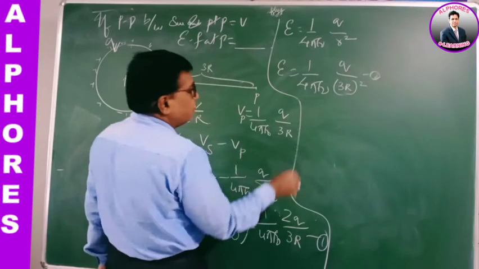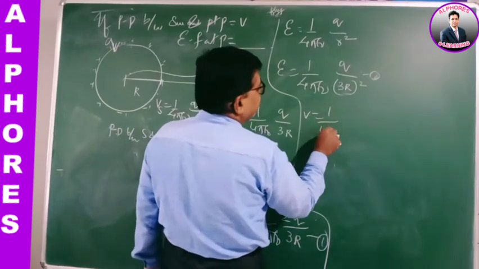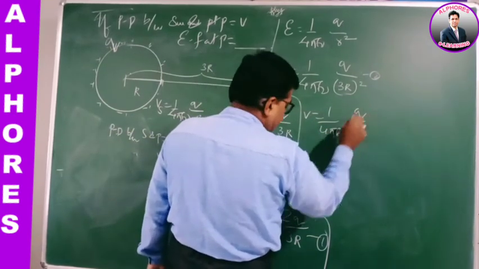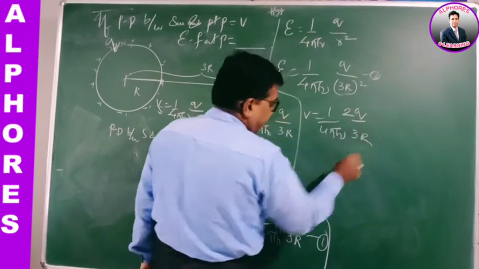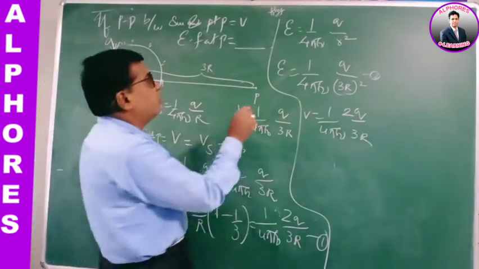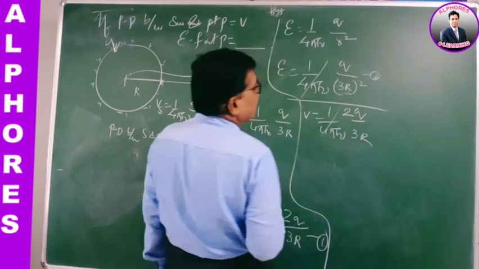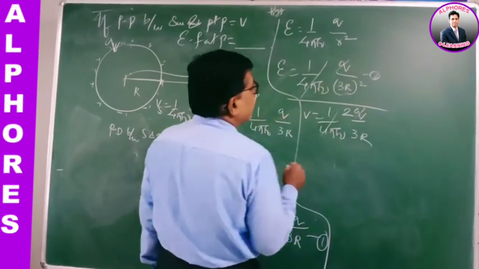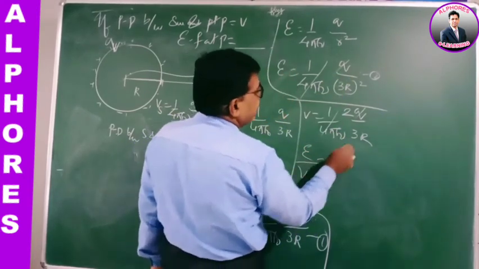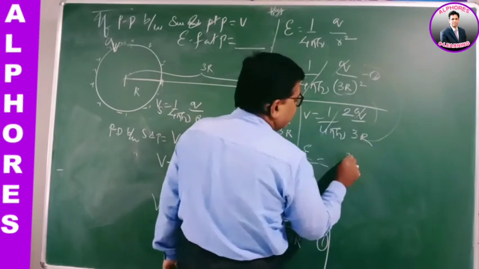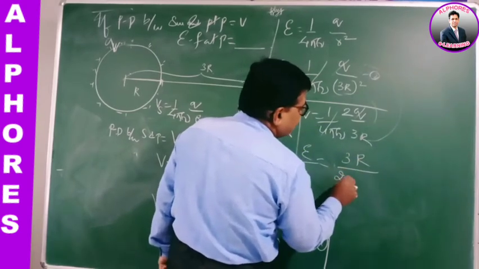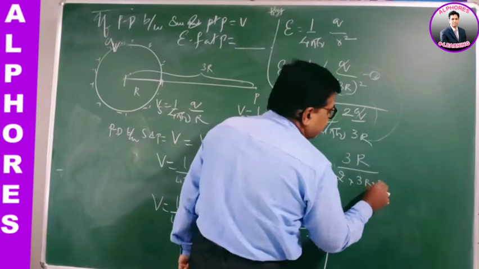So dividing 2 by 1, with V being 1 by 4 pi epsilon naught 2q by 3r, the 1 by 4 pi epsilon naught q cancels. So E by V is, this goes to the numerator and that goes down, 3r by 2 times 3r into 3r.